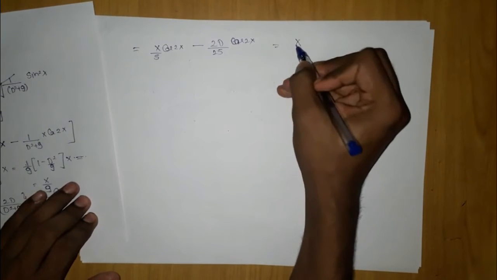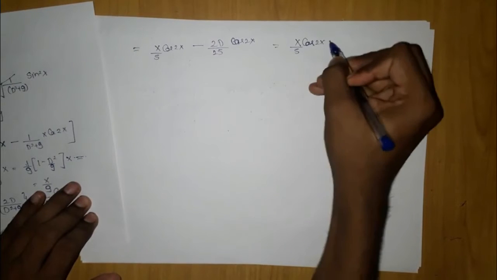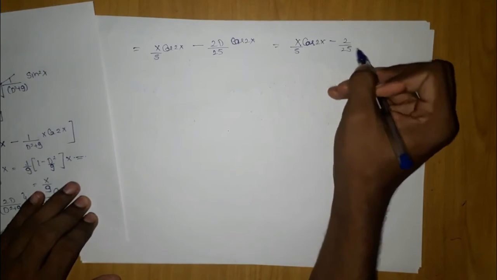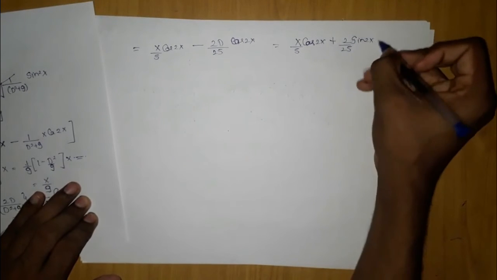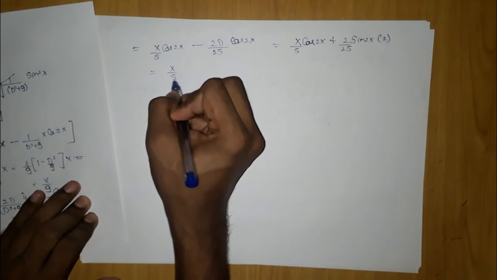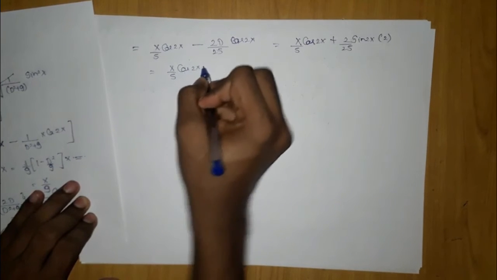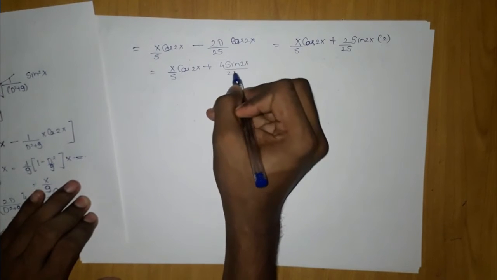So that gives my final answer x/5 cos 2x minus 2/25. Here if we differentiate, we get sin 2x, and since cos is being differentiated, a negative sign will appear into 2. So our final answer is x/5 cos 2x plus 4 sin 2x/25.